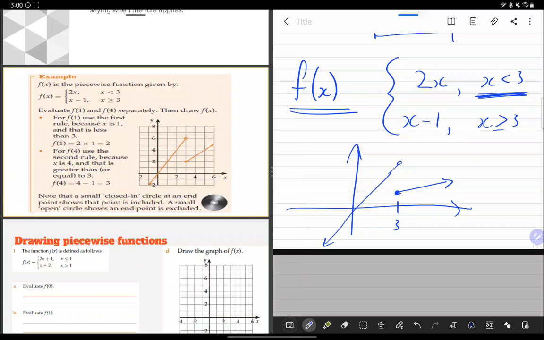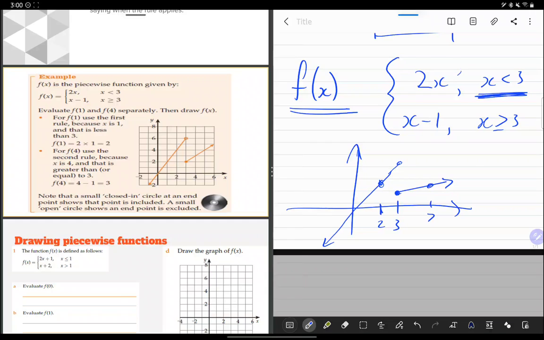If I ask you, what is the value when x is 2, and you want to find this value here, we just use that first equation, 2x. If I ask you, what is it at 7?